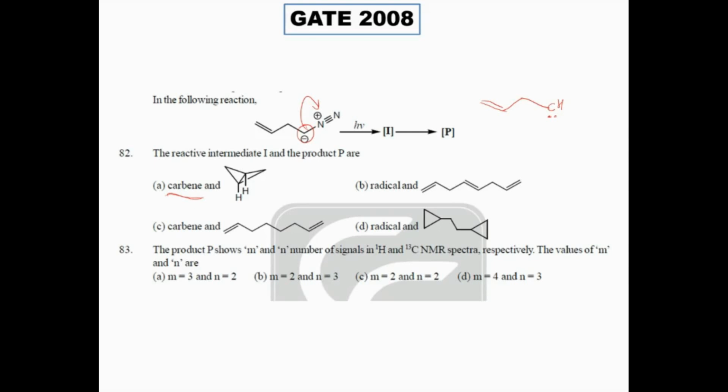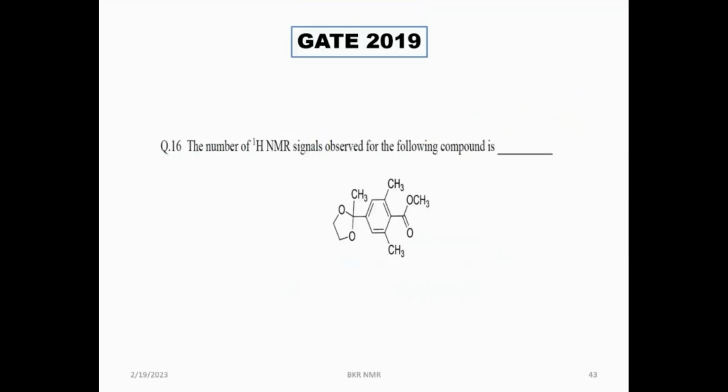Okay, so you better first study the reactive intermediates and then come to me. Just think about this carbene and this double bond, and just study and come. Okay, now tell me this: the number of proton NMR signals observed for the following compound.